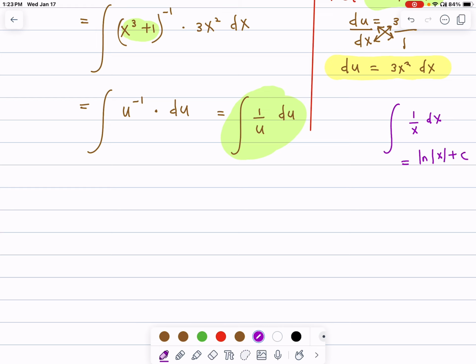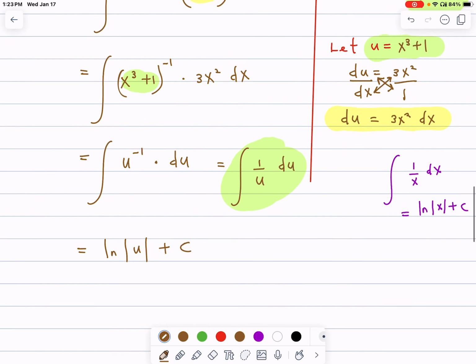The same thing applies here. The integral of 1 over u du is just going to be ln absolute value of u plus c. Recall that c is the constant of integration.